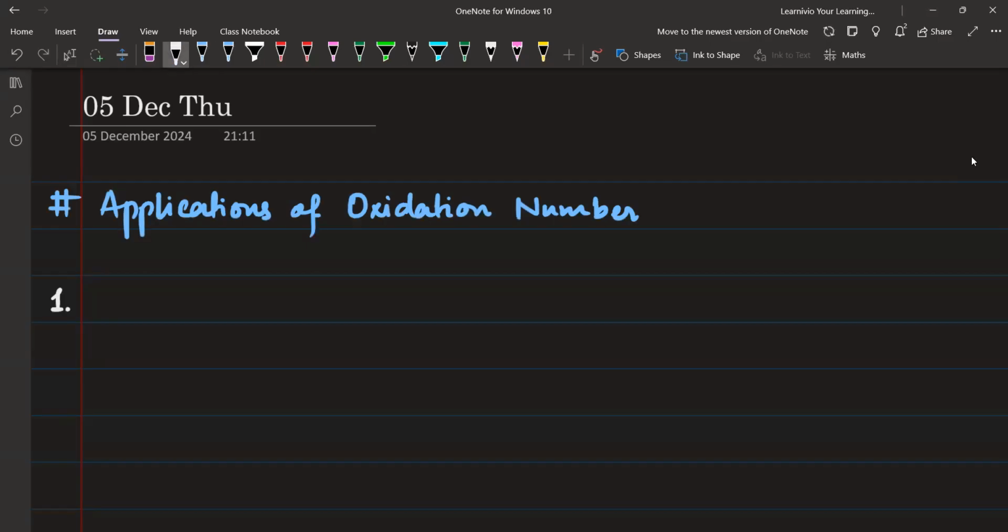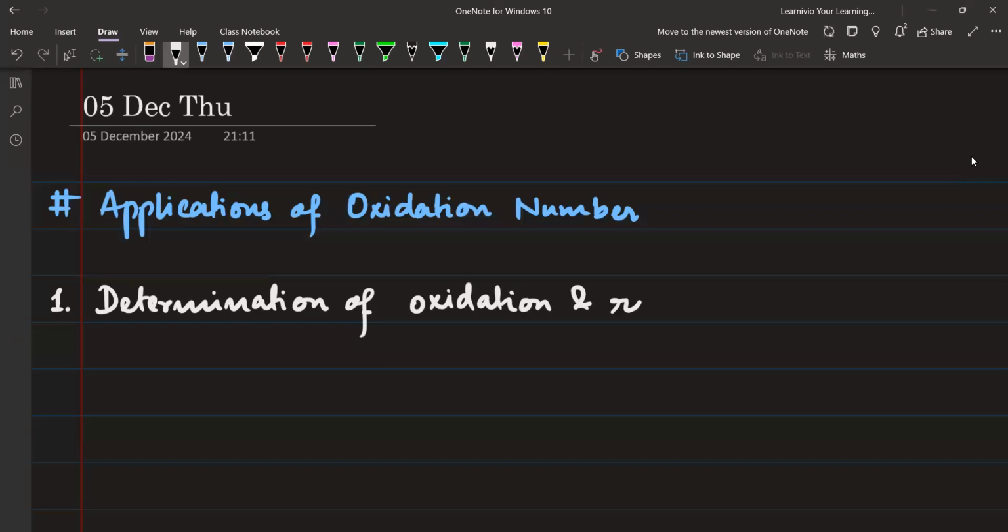The first application is determination of oxidation and reduction in a reaction.